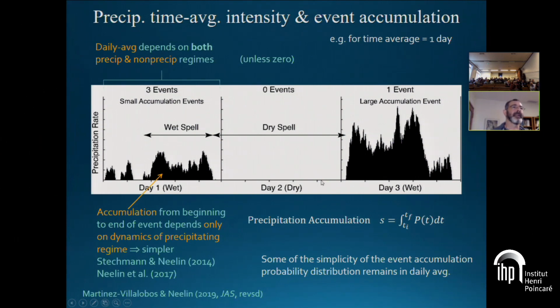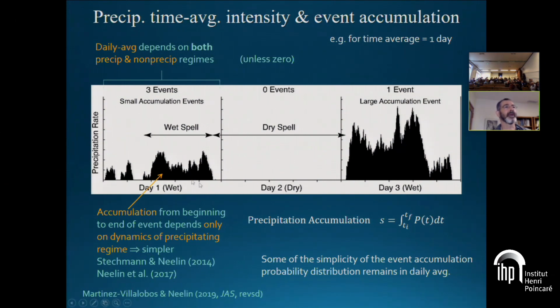You can have days that have no precipitation. But one of the points here is that if you look at one measure, which is the accumulation of precipitation from when your event started, integrate all the way through until when it stopped, that's actually going to be a simpler measure of precipitation amount in the following sense.